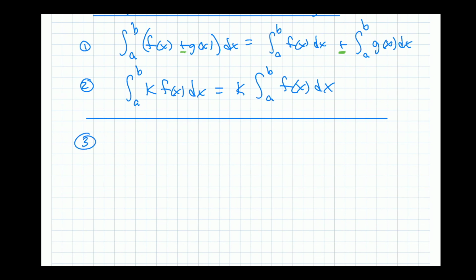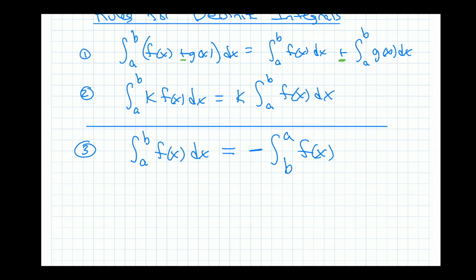So the new rules are going to be these. You have one rule that says if you have a definite integral from a to b, that's actually the negative of the integral if you switch those. So I put the a on top this time. Switching the a and the b is going to switch the sign on the integral.